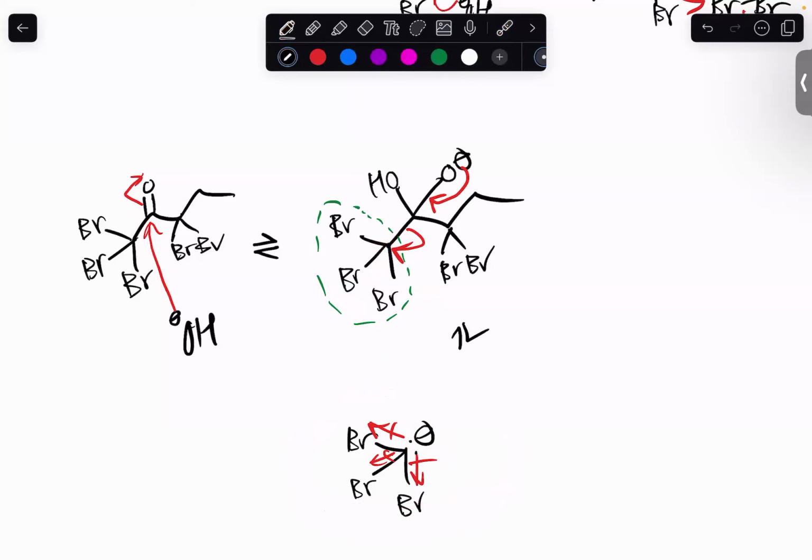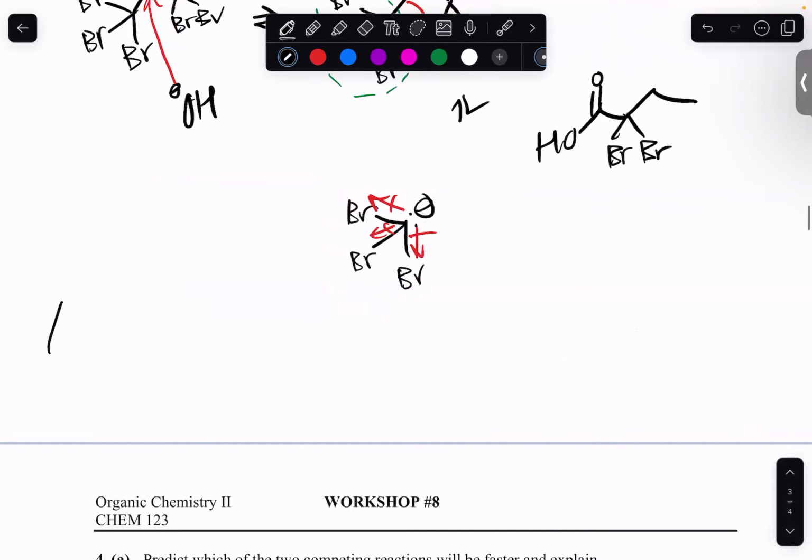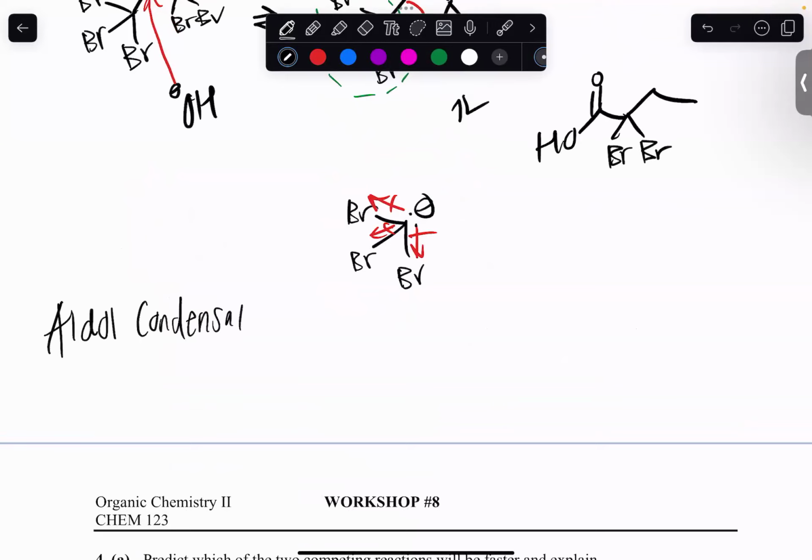Are there conditions where non-good leaving groups still leave? I think somewhere in the lesson, OH also leaves. Oh yeah, OH is able to leave for aldol condensation. That's because in aldol condensation, we are in basic conditions, so there are other bases floating around in the solution.